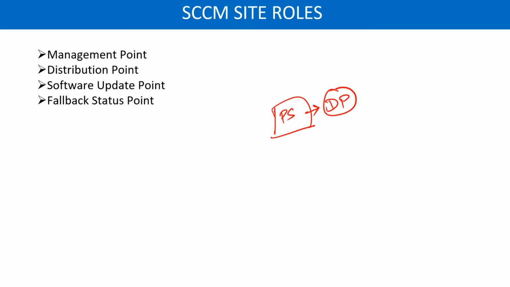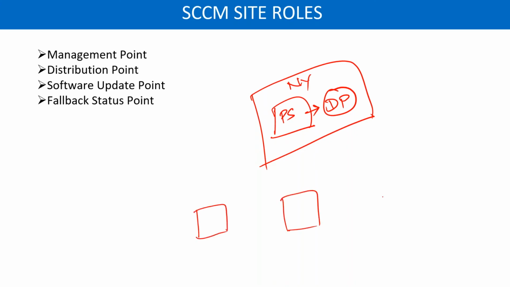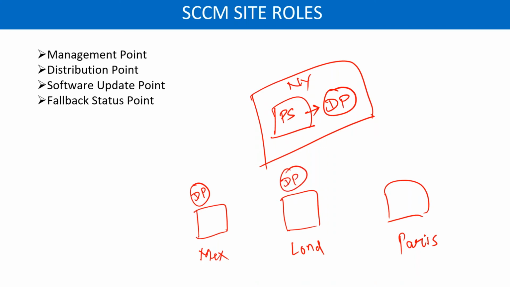Let's say this setup is in New York, in headquarters, and you have your branch offices in different locations, let's say Mexico, then London, and then Paris. Now you have a DP, a distribution point, here, and here.